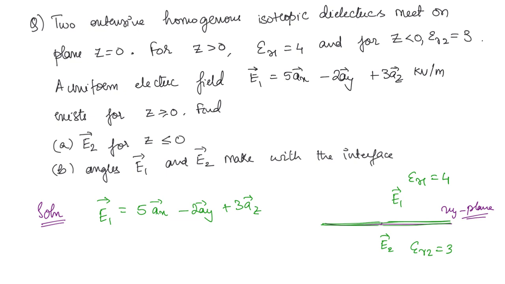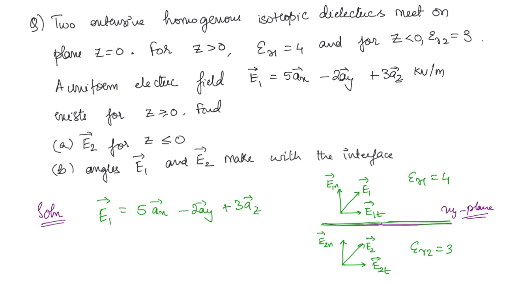When we were discussing the boundary conditions, we took the normal direction to be away from the boundary for the first dielectric, and the tangential component is like this, E1t bar. And similarly E2 will be like this. Here the normal component is going towards the interface.